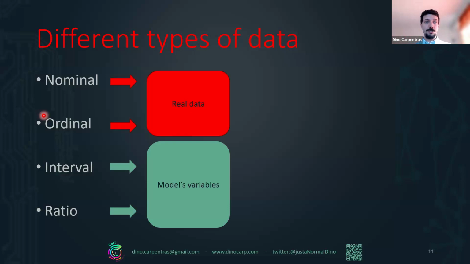This eventually generates some problems when we notice that when we make models with agent-based models, we usually model pretty much all the variables as interval or ratio. So we suppose there is a continuous dynamics.